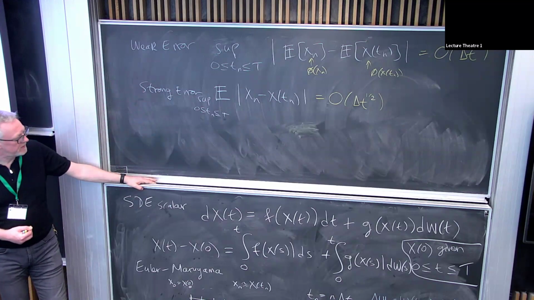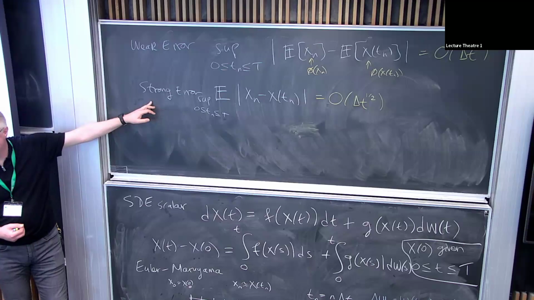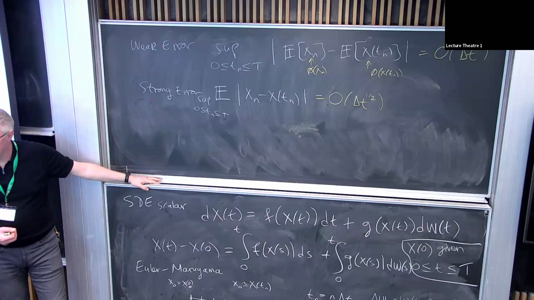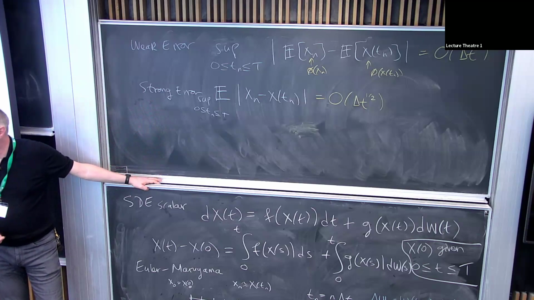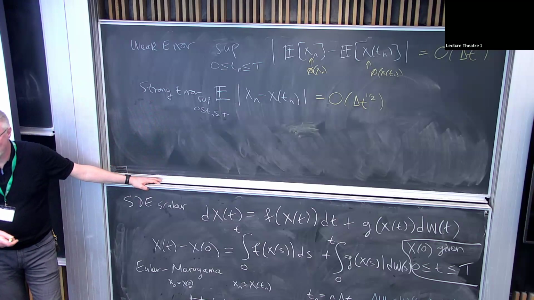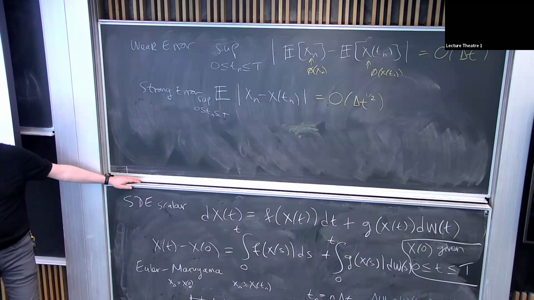You might ask, given that it's such a terrible method, its strong error is only a half, why do we use Euler-Maruyama? Anyone want to answer that question? Most people these days still use Euler-Maruyama or similar low order methods. Anyone want to stand up for it? It's super easy to implement. Super easy, yeah.